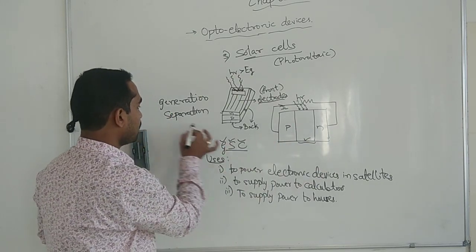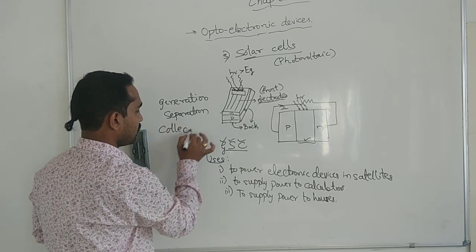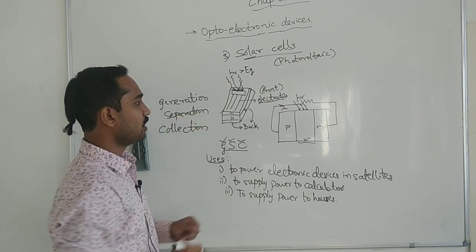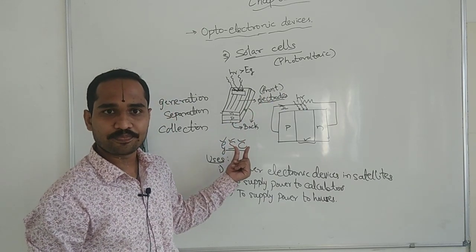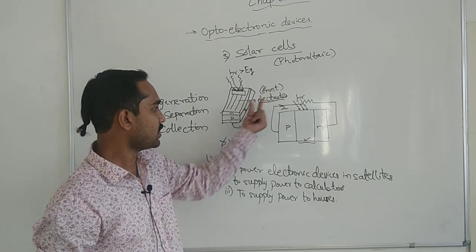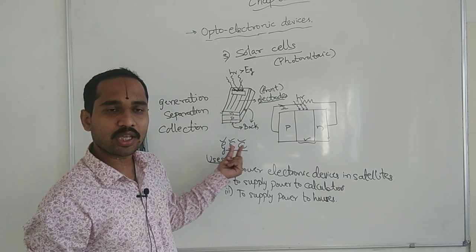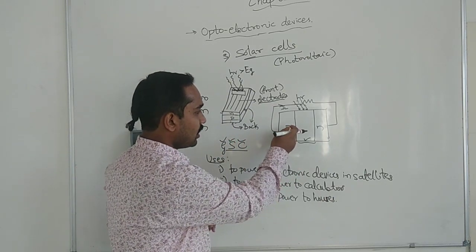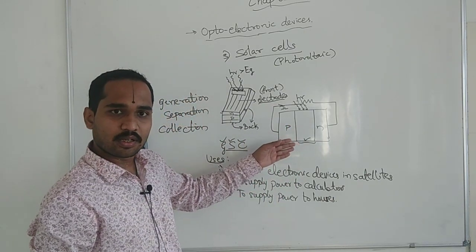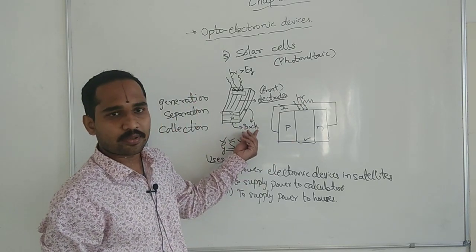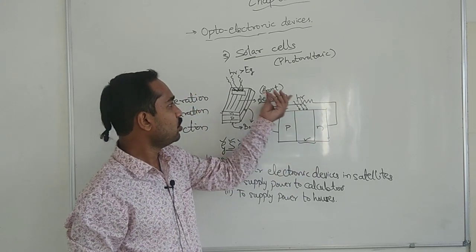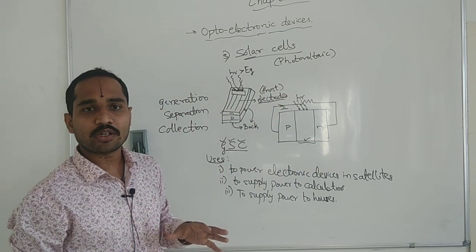But the last thing is collection. You have got two electrodes here. Front contact is there, back contact is there. The holes which are coming out are collected by the back contact. The electrons which are coming out are collected by the front contact.